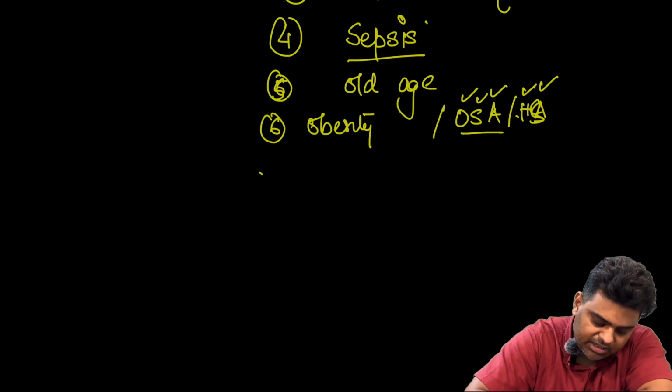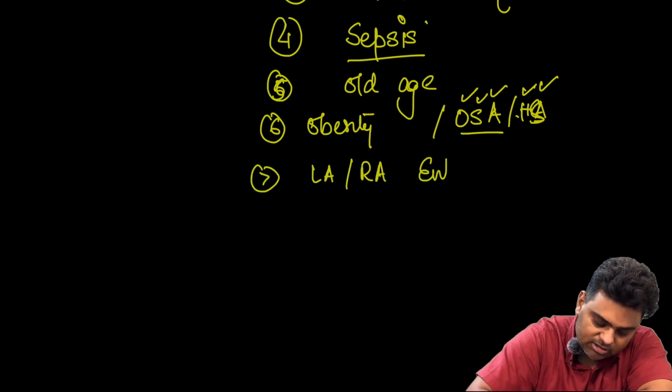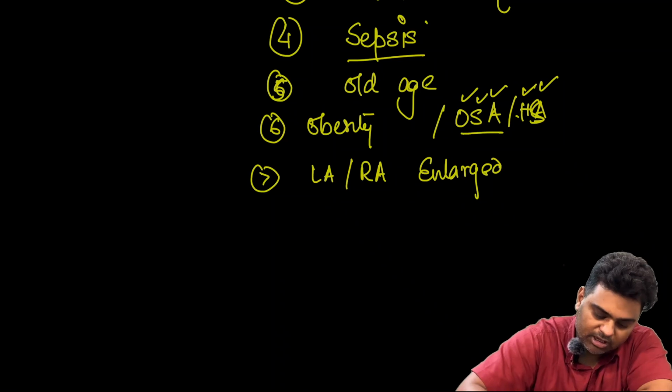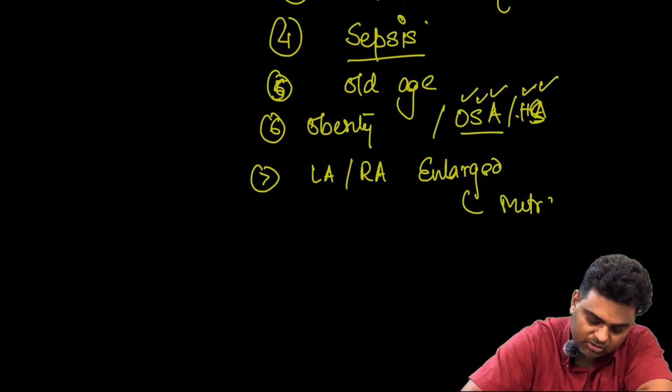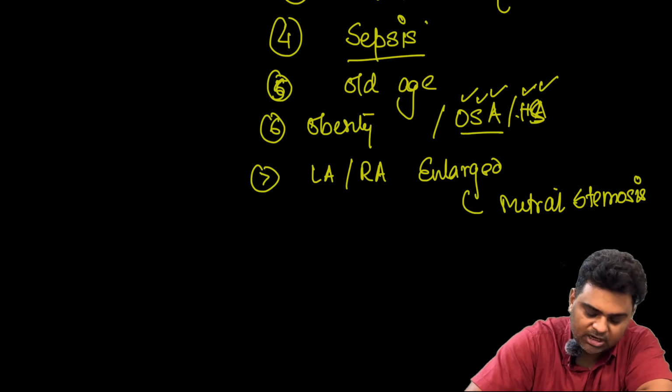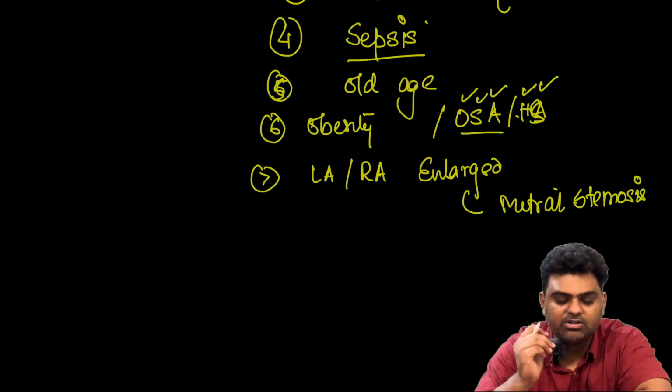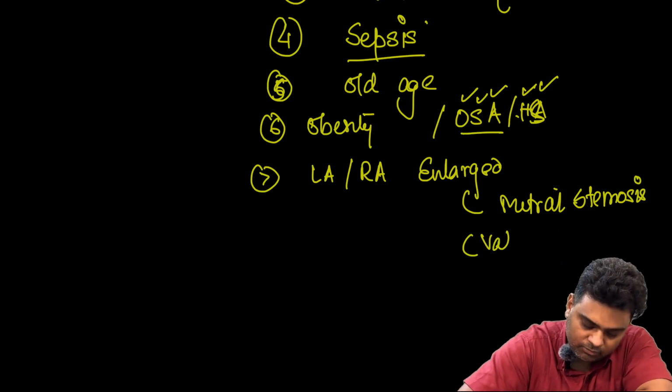Then any condition where the left atrium or right atrium is enlarged, for example, mitral stenosis. And especially remember that atrial fibrillation associated with mitral stenosis is known as valvular AF.